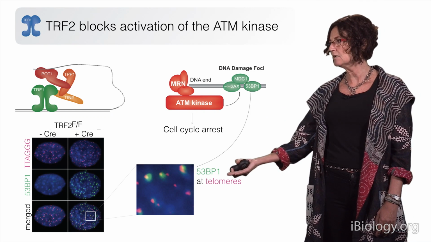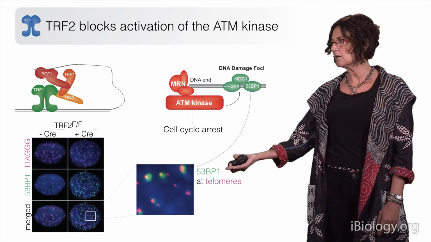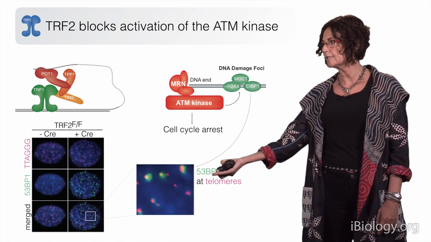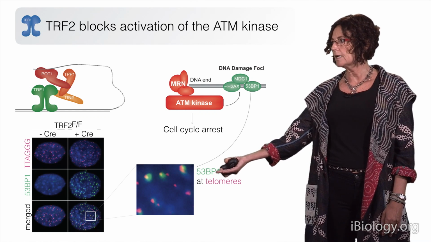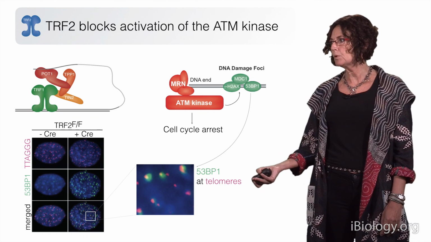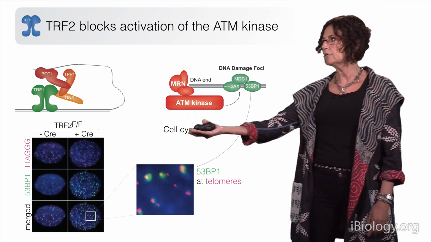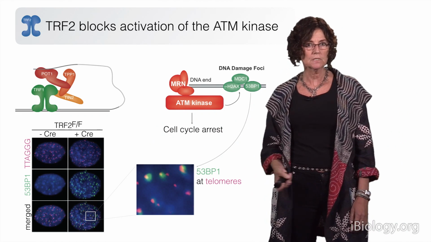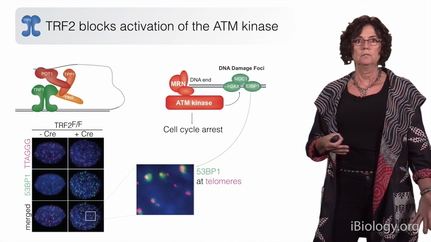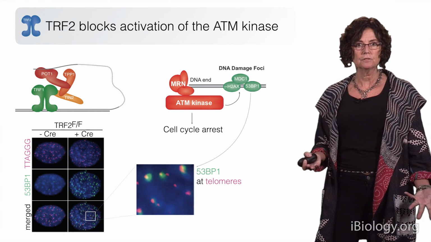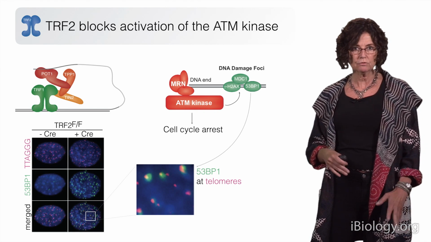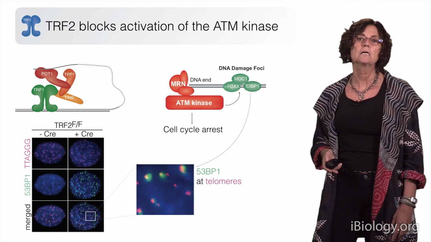And you can see here that 53BP1 is now at telomeres, co-localizing the green IF with the purple telomeric FISH inside nuclei. And this only occurs when TRF2 is deleted with Cre. In the non-Cre situation, when TRF2 is there at the telomere, 53BP1 is not found at telomeres.